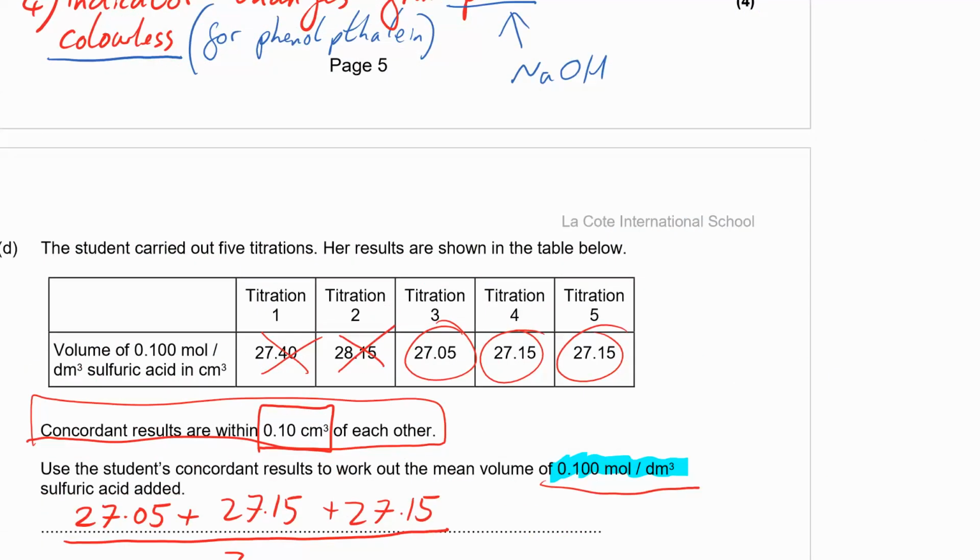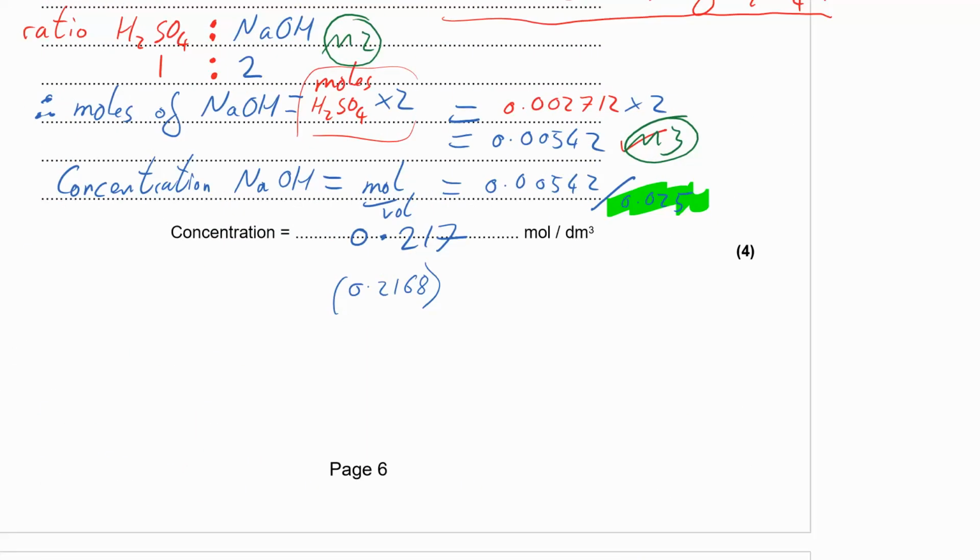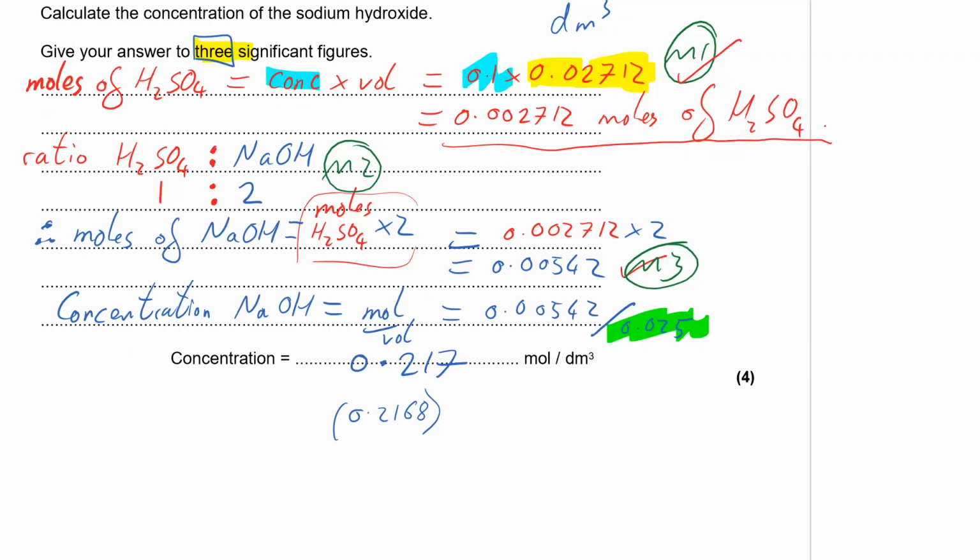Okay, so you pipetted in, as in the conical flask, there was 0.025. Again, converted from centimeters cubed into decimeters cubed, which gave you a final mark for 0.217. If you wrote 0.2168, you'd have only got 3 marks because you haven't given it to 3 significant figures.